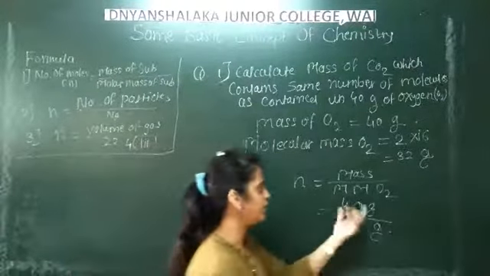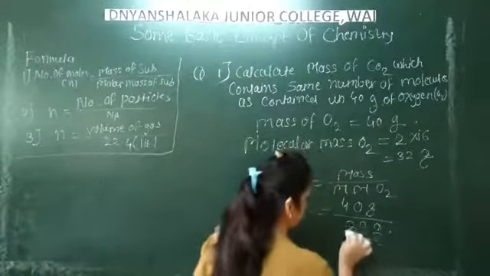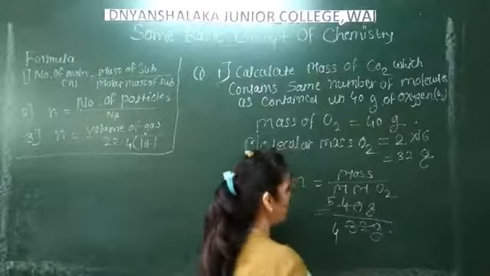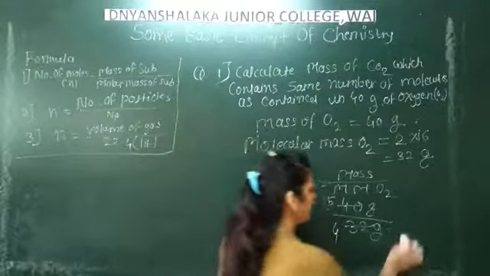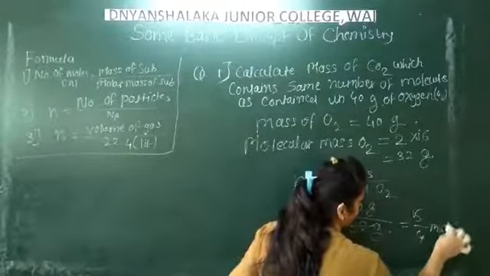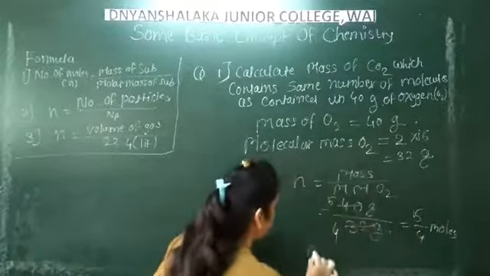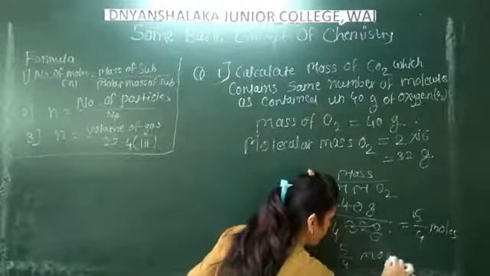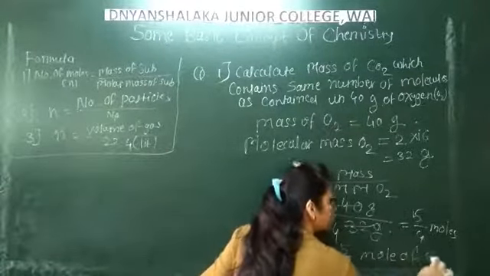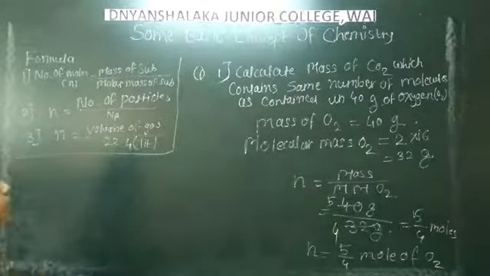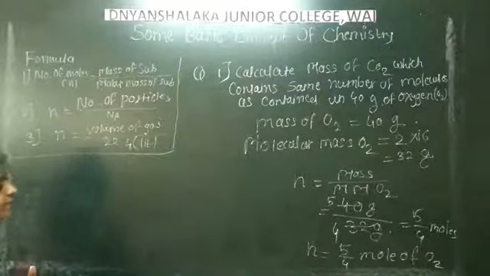On calculating 40 upon 32, 8 fours are 32 and 8 fives are 40, so we get 5 upon 4 moles. So n equals 5 upon 4 moles of oxygen molecule. Now we have to find the number of particles.